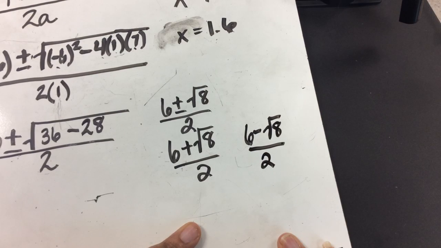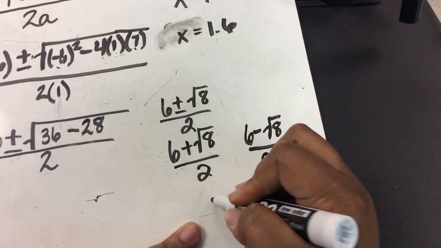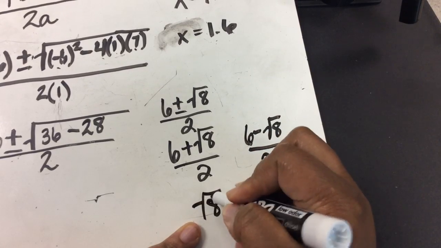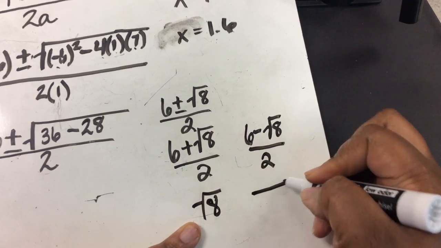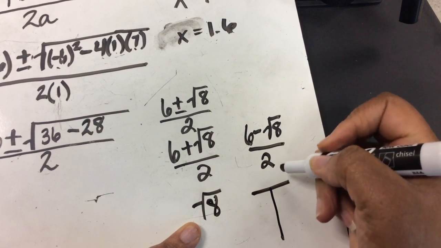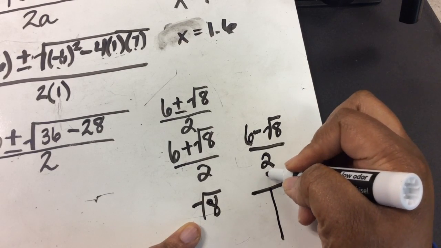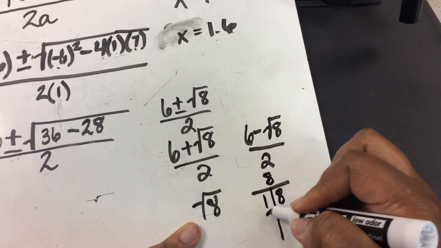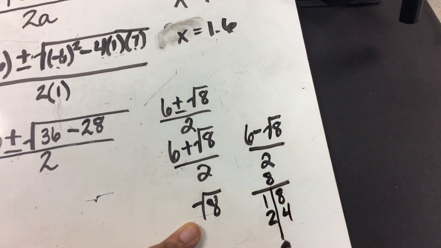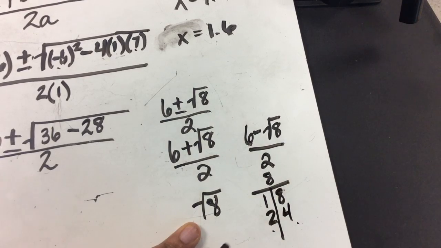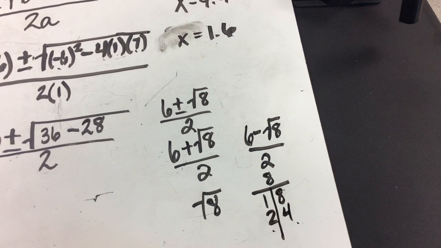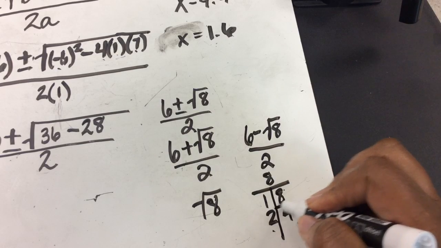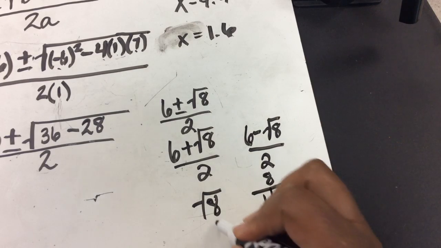Now we have a radical to simplify. The square root of 8. If we break apart the 8 into its factors, we have 1 and 8 and 2 and 4. Which one of these is a perfect square? Well, if you said 4, you are correct.